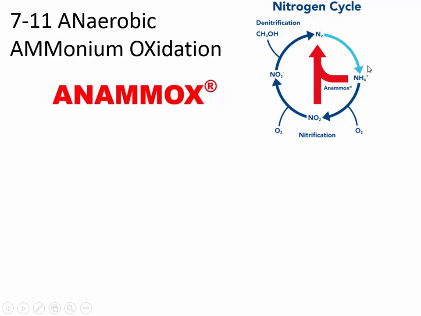Traditionally, you're adding oxygen in two stages, the stage that gets you to nitrite and the stage that gets you to nitrate. In reality, these two reactions are happening in the same basin, but you require twice as much oxygen for traditional nitrification than you do for the ANAMMOX procedure.